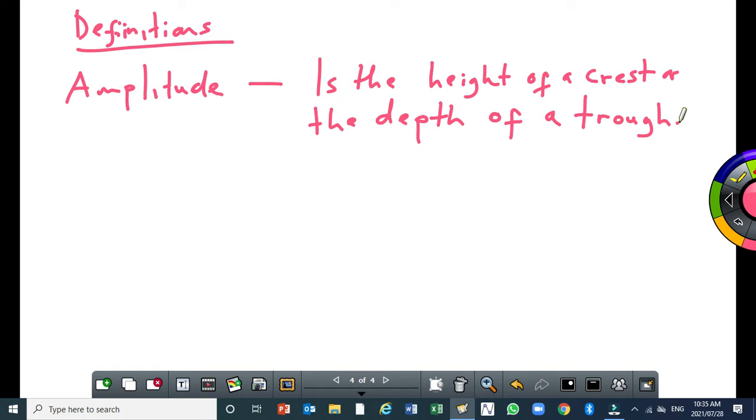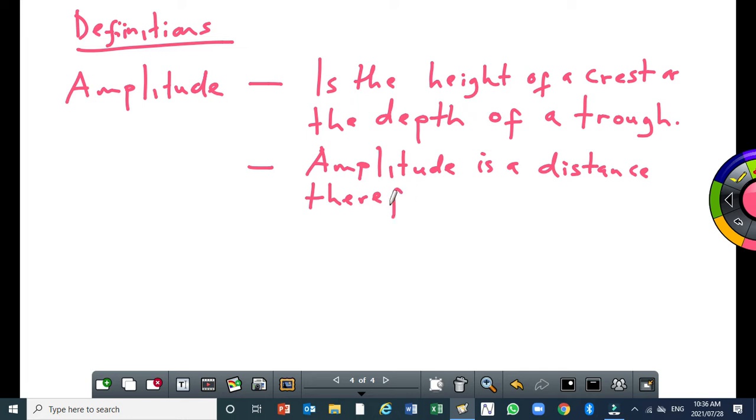Amplitude is a distance, therefore it's always positive.